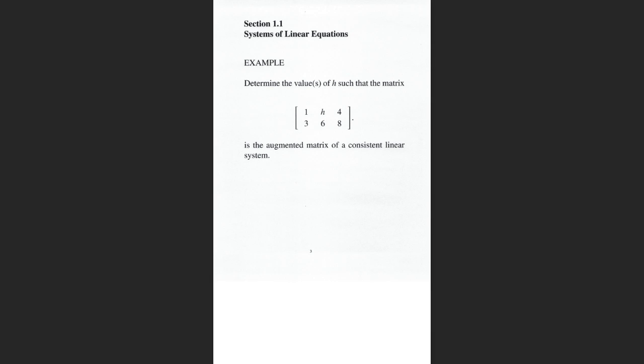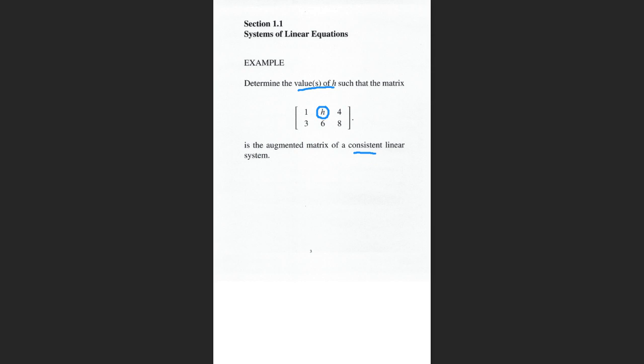Okay, so this is a theoretical exercise to help you understand, to reinforce the concepts. This problem is theoretical because you have this variable h here, and they want you to determine the values of h such that this matrix is the augmented matrix of a consistent linear system.